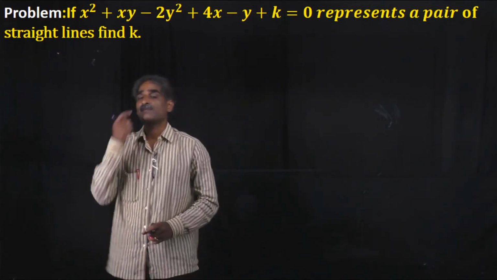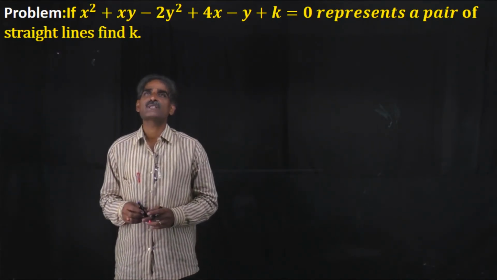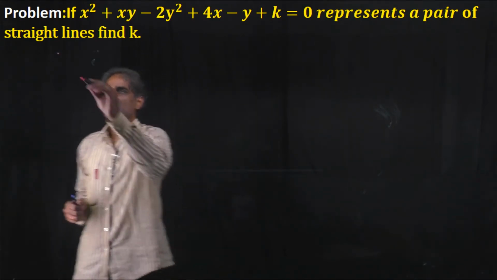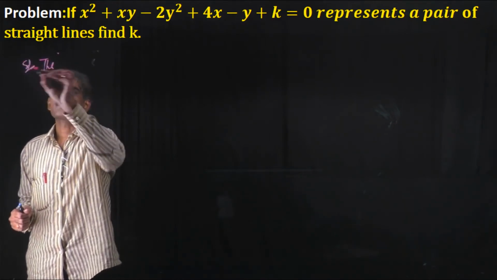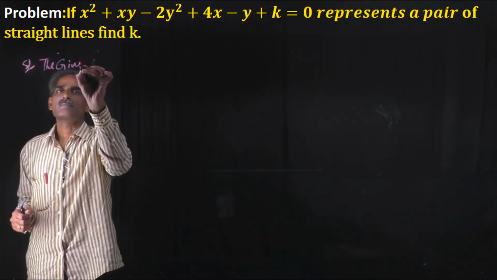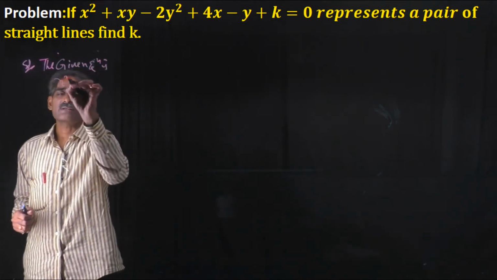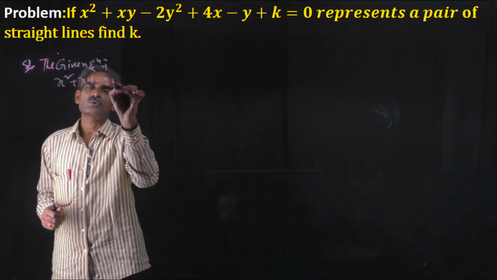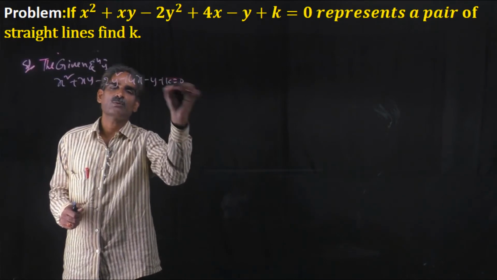See this problem. If x square plus xy minus 2y square plus 4x minus y plus k represents a pair of lines, find k. So what is the given equation? The given equation is x square plus xy minus 2y square plus 4x minus y plus k equal to 0.